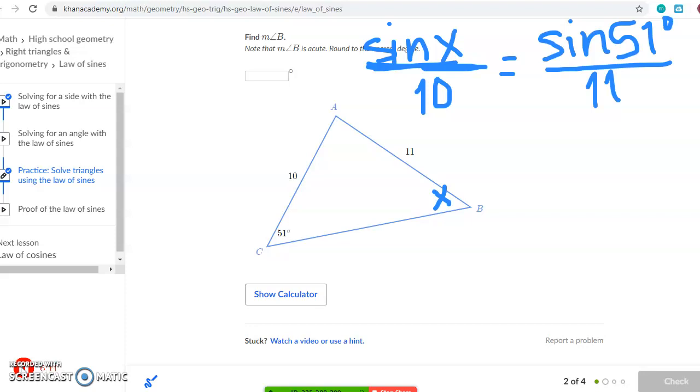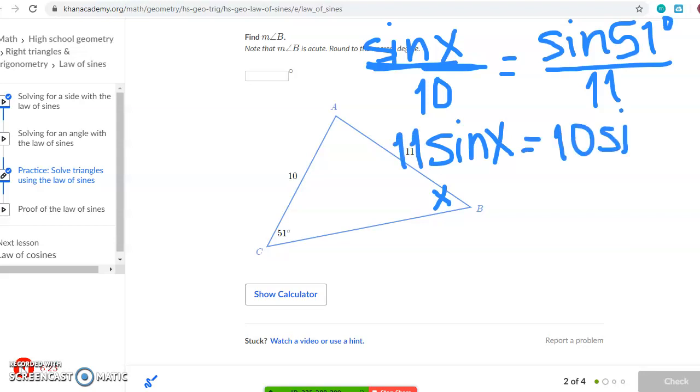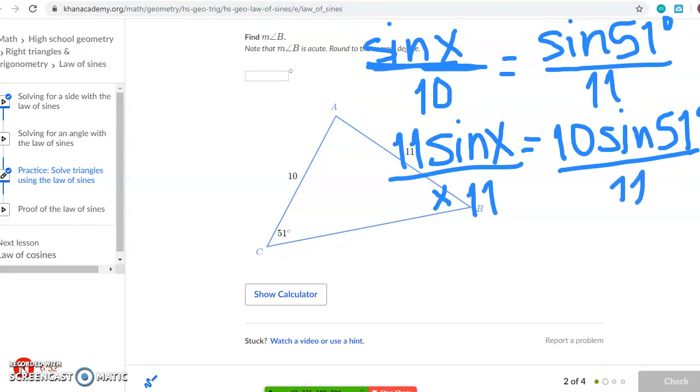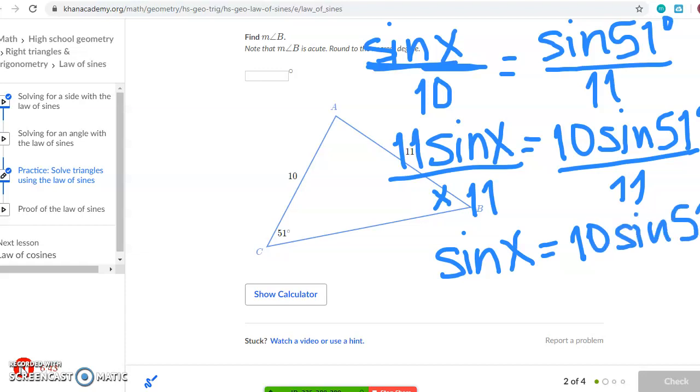In this case, we're going to find out what sine of x is. Okay, so sine of x times 11 equals 10 times the sine of 51. Let's divide both sides by 11, and we get sine of x equals 10 times the sine of 51 over 11.